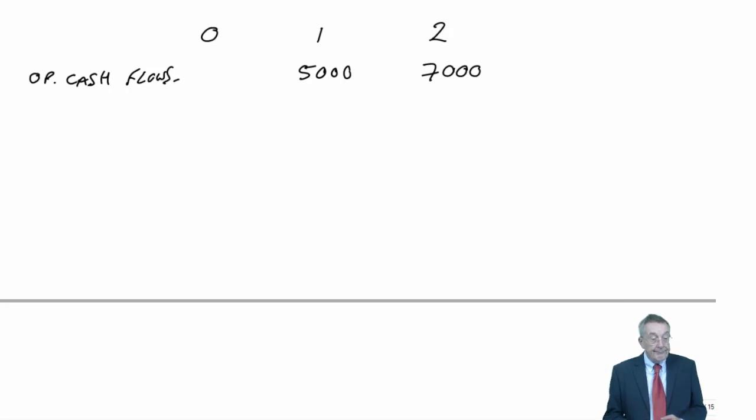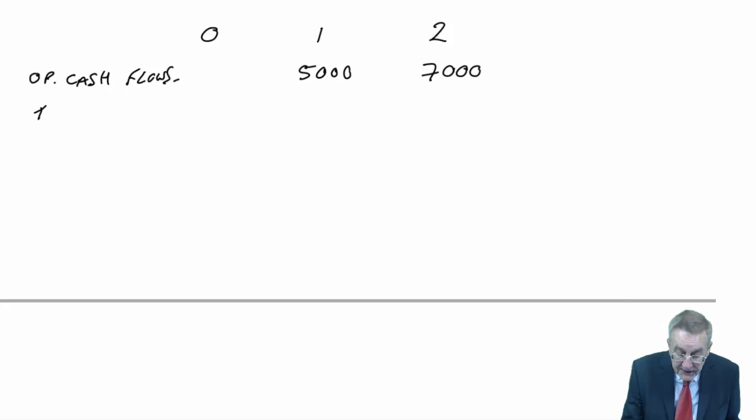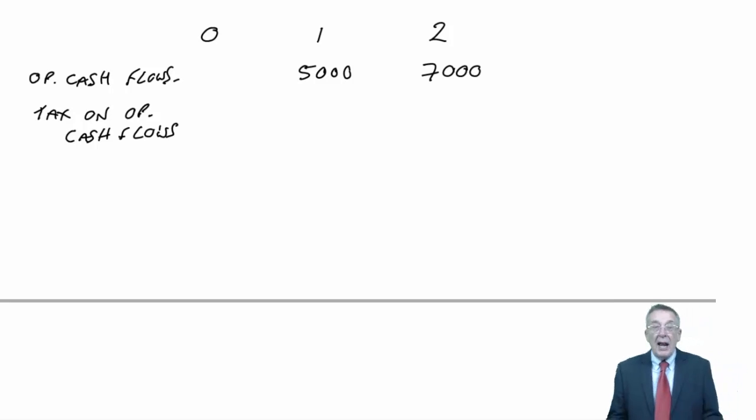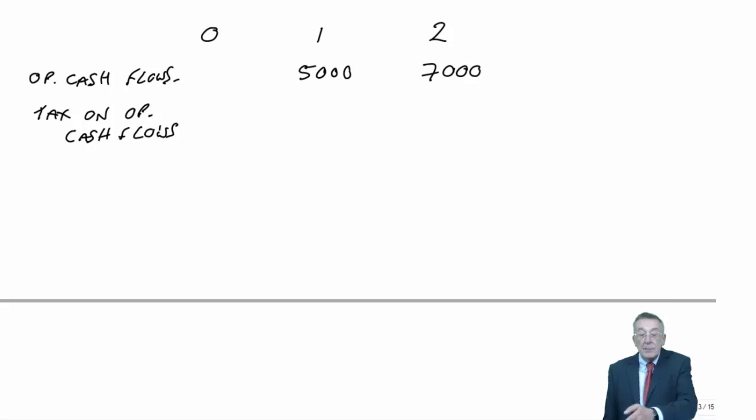Easy. Just like I tried to explain a few minutes ago, we then write down the tax on the operating cash flows. So for the minute, ignore capital allowances completely. If there were no capital allowances, we'd pay tax directly on the 5 and the 7.